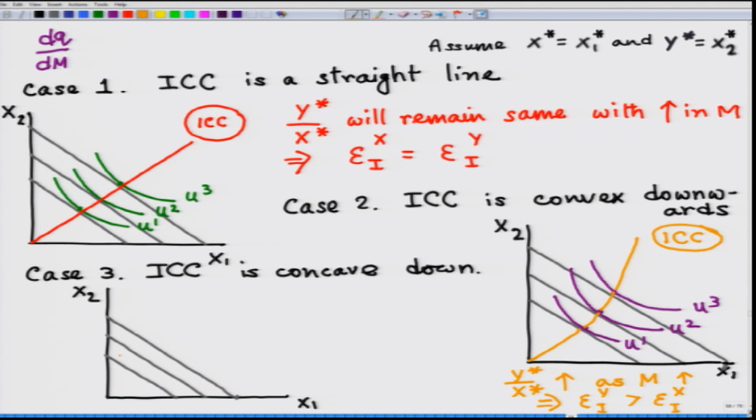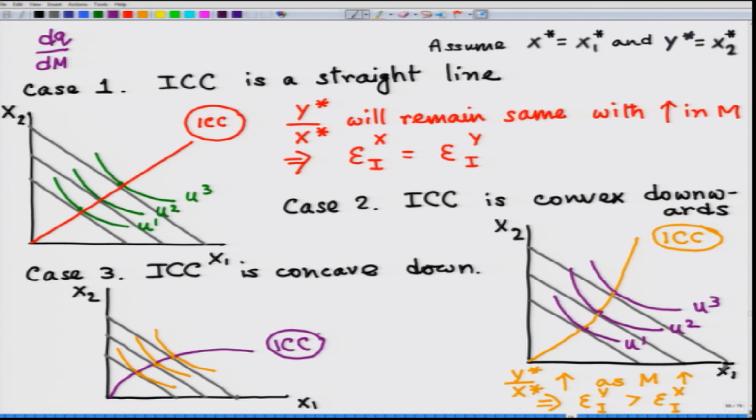Now, this time the indifference curves will make tangencies with these budget lines in such a way that these tangency points will lie on a concave curve, and that can be found by joining these points with origin, and in this case ICC will be of this shape.